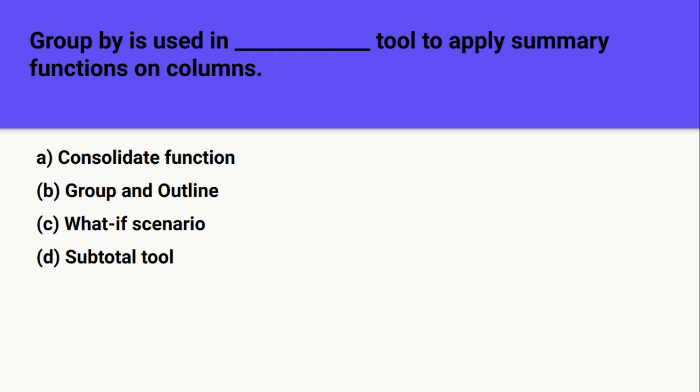Group by is used in which tool to apply summary functions on columns? The answer is subtotal tool. When we are using the subtotal tool, we can see the group by.